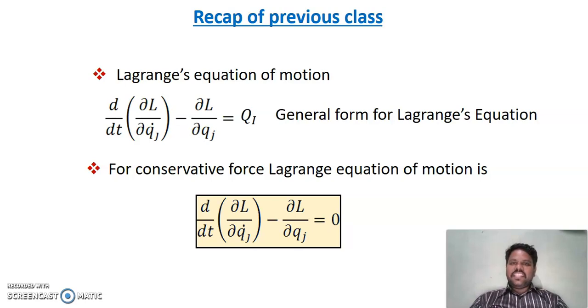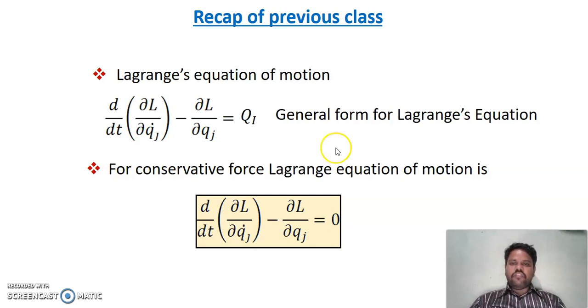So in the last class, we derived the Lagrangian equation of motion, d by dt of dou L by dou q dot j minus dou L by dou q j is equal to Q j, which is a generalized form of Lagrangian equation.